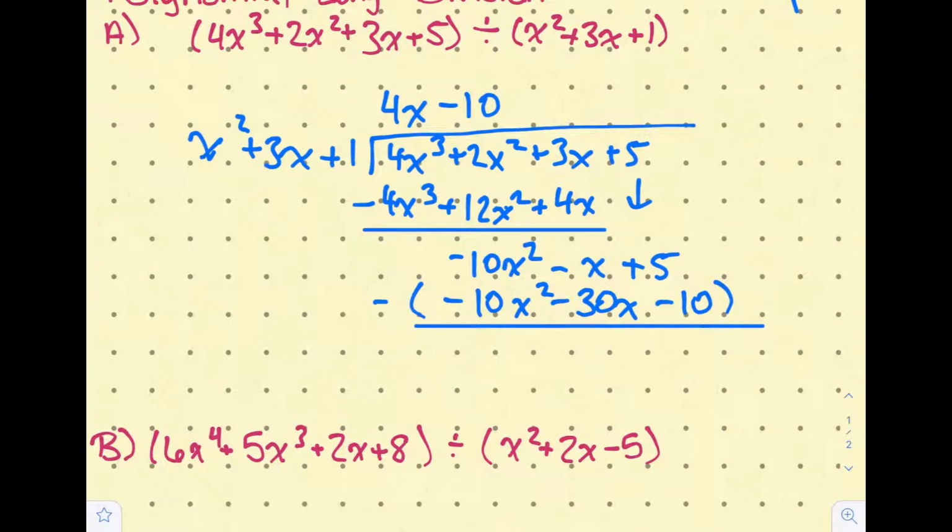Now we do need to be careful with our negatives. We're subtracting, and every time you subtract a negative, remember it's addition. So negative 10x squared minus negative 10x squared is 0. Those two terms should always cancel. Negative x minus negative 30x is 29x, and then 5 minus negative 10 is 15.